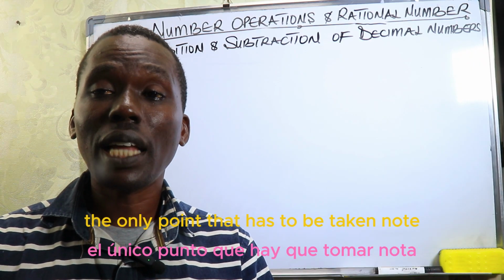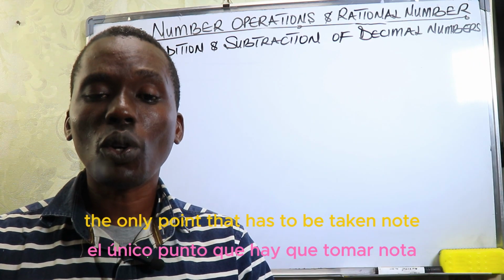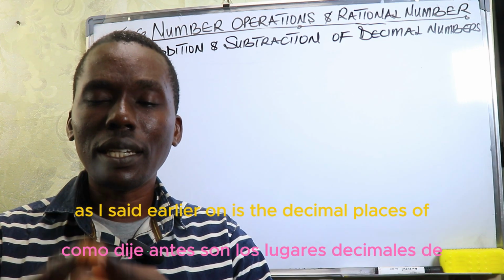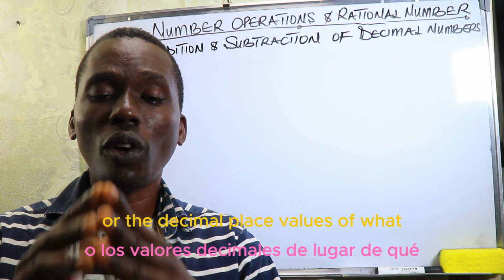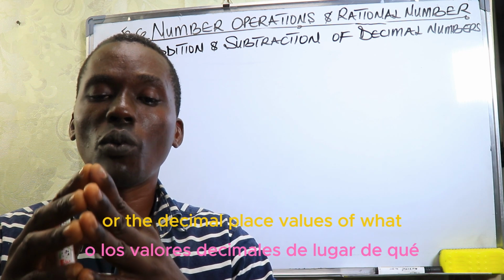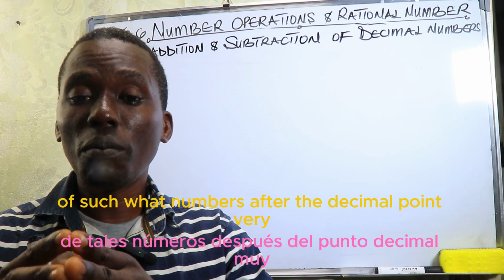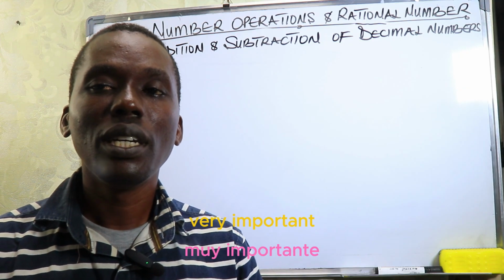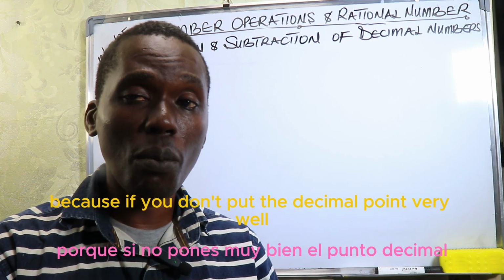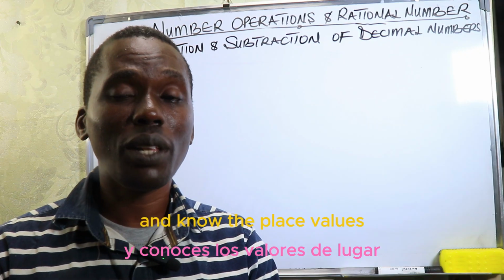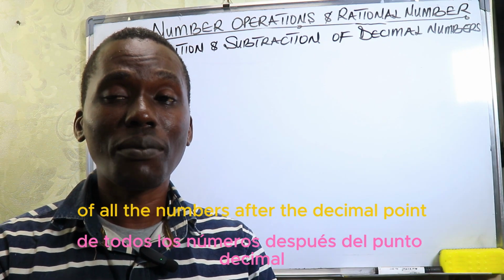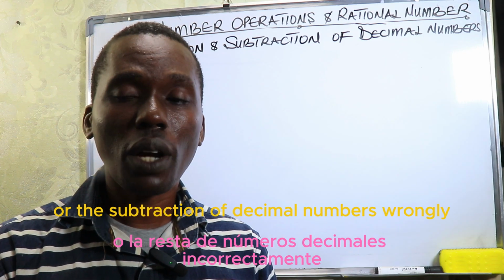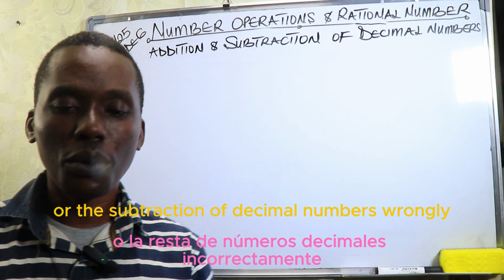The only point that has to be taken care of, as I said earlier on, is the decimal place values of such numbers after the decimal point. They are very important, because if you don't put the decimal point very well and know the place values of all the numbers after the decimal point, you might get the addition or the subtraction of decimal numbers wrongly.